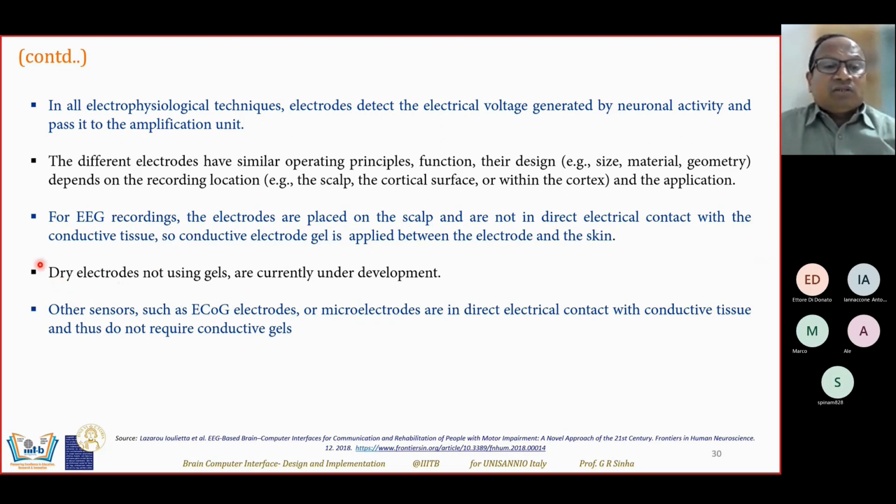I'm talking about brain signal recording. Other sensors such as ECoG and microelectrode arrays are in direct contact, so the necessity of conductive tissue or gel doesn't arise in this particular case.